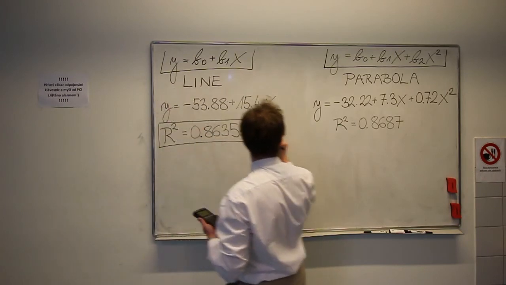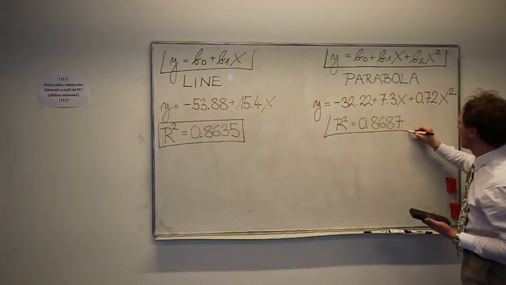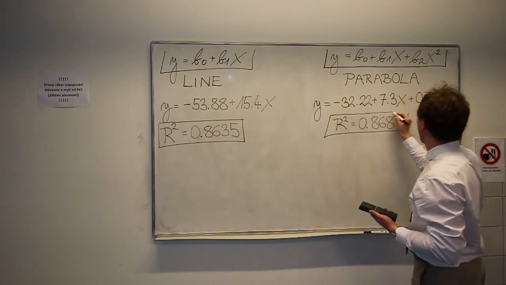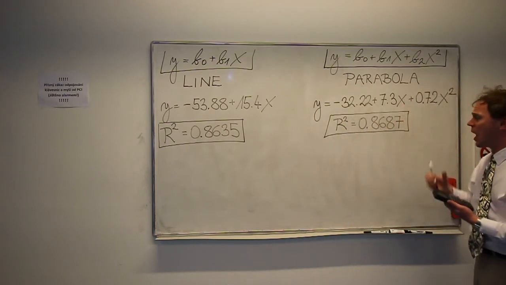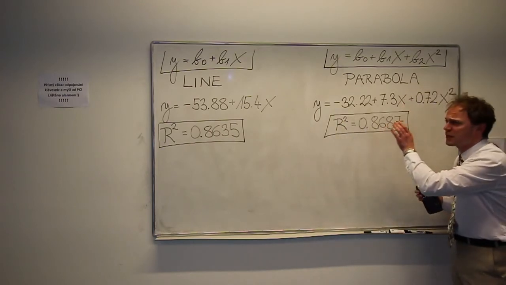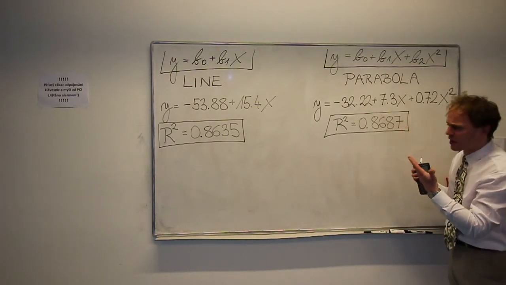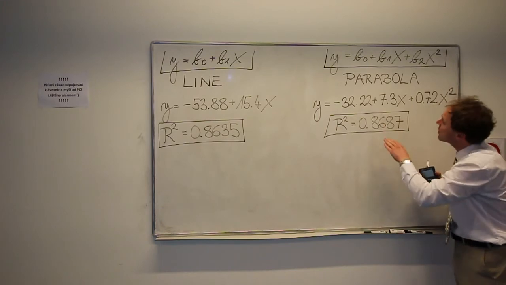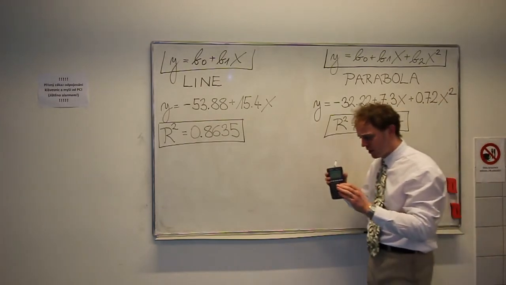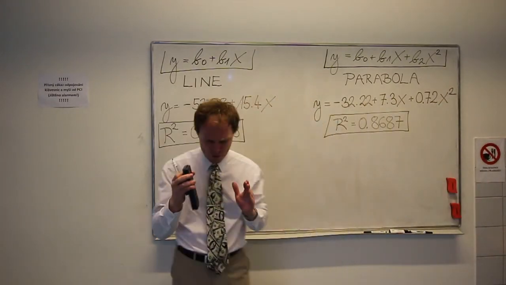of the regression line and the regression parabola. Now if we use this classical R squared for evaluation of the model, we could say that the parabola is the better one. Yes, the parabola is better.